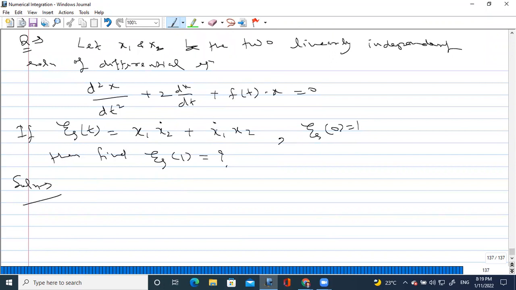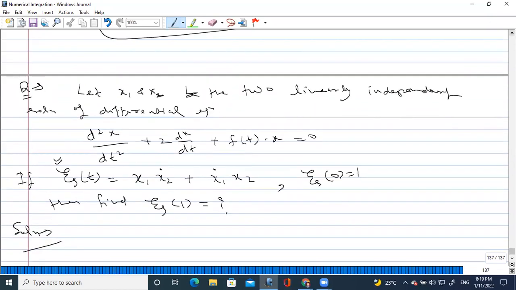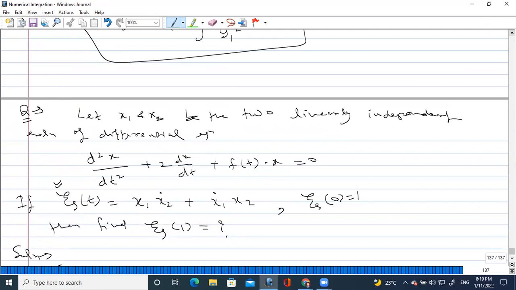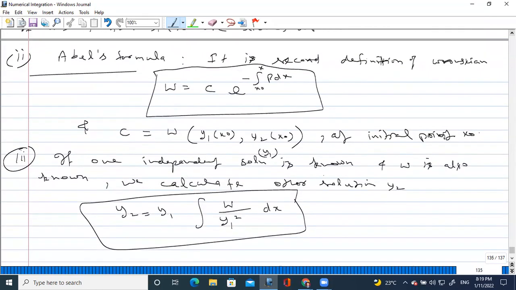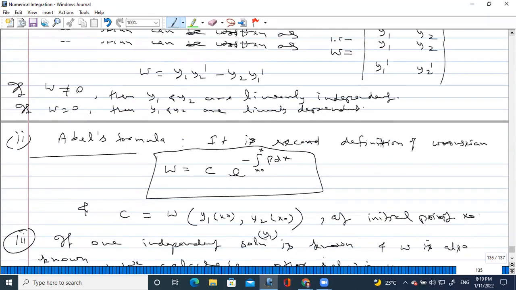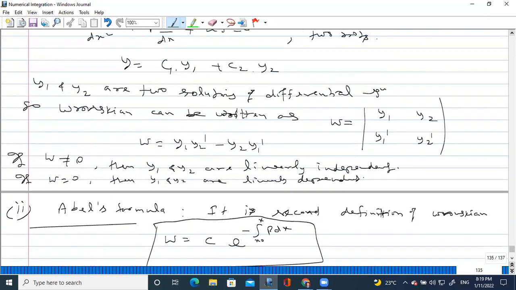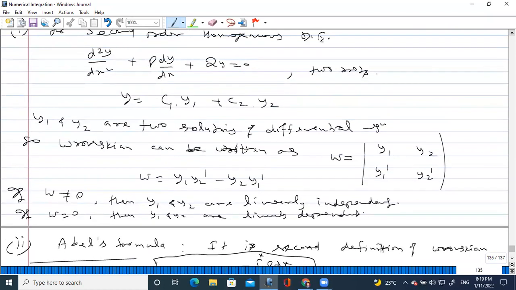Tell me what you understand from here. What is this xi(t) given here? Can anybody tell? Is it the Wronskian function?